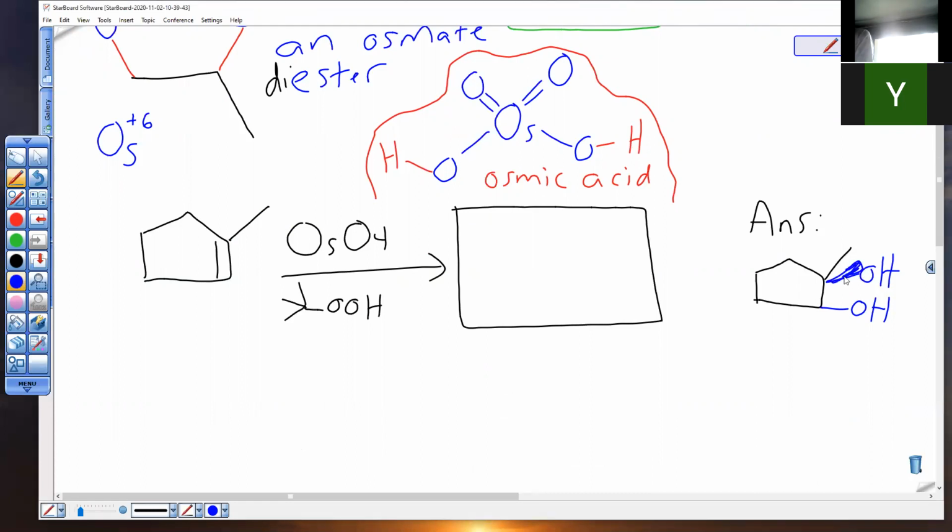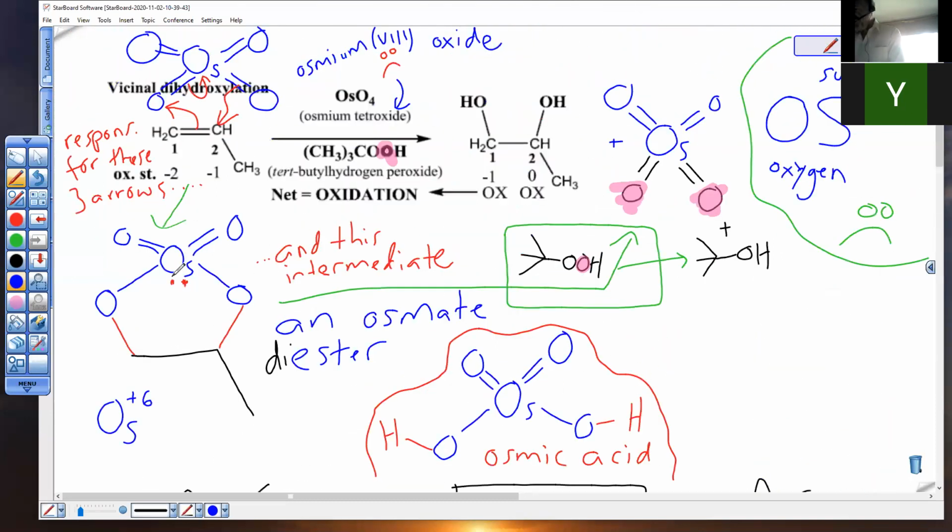There's no triangle with a backside attack in this mechanism. This is from syn addition. I'm going to label that step with a telephone pole.